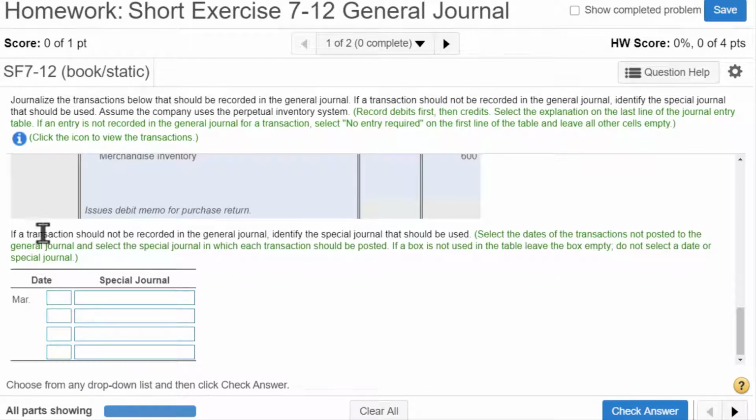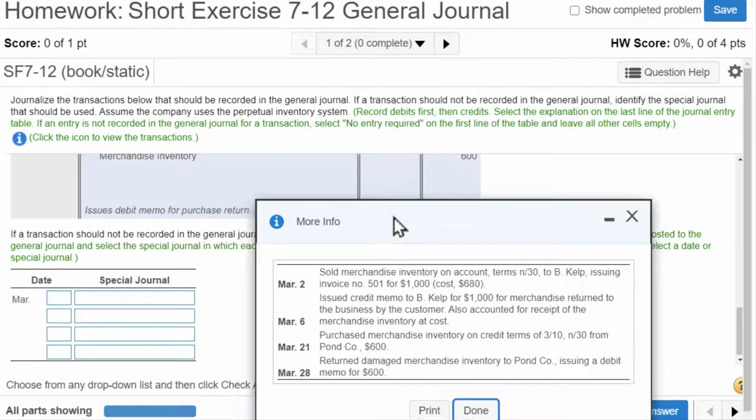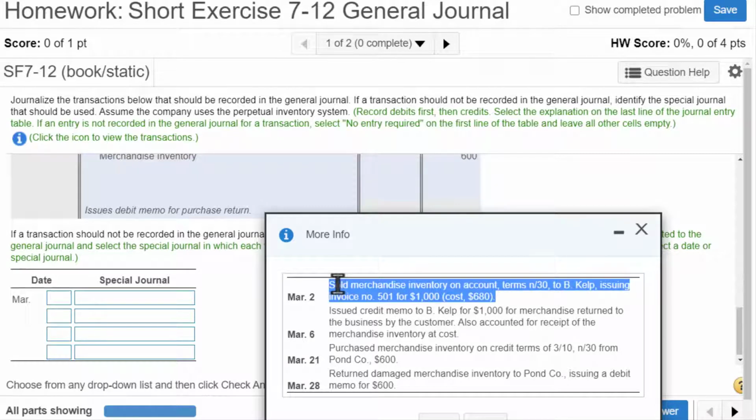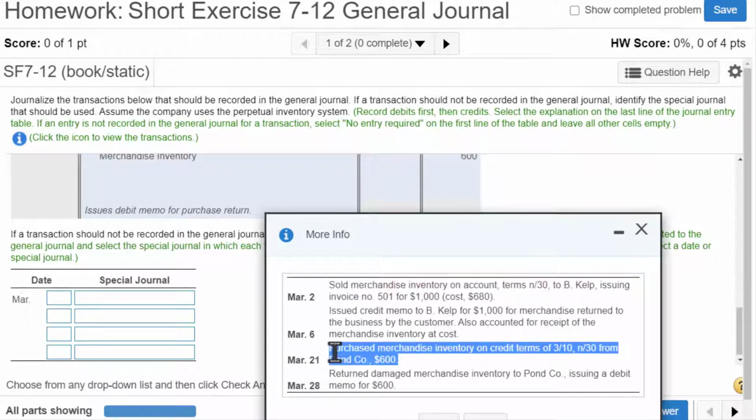And finally, they're saying if a transaction should not be recorded in the general journal, identify the special journal that should be used. So remember these two transactions that we did not enter into the general journal, such as March 2nd and March 21st. We have to say over here what special journal they should have gone into.